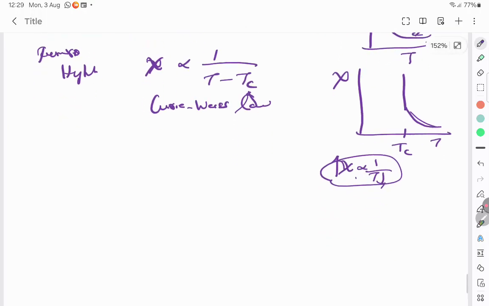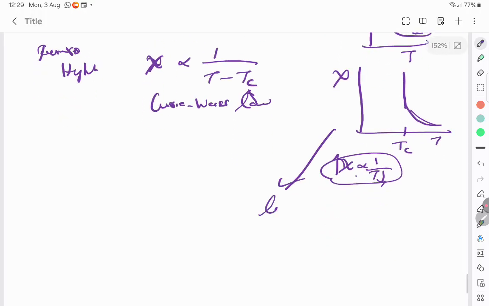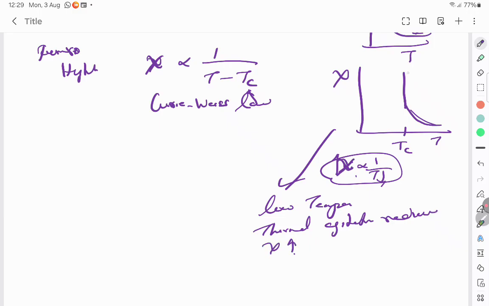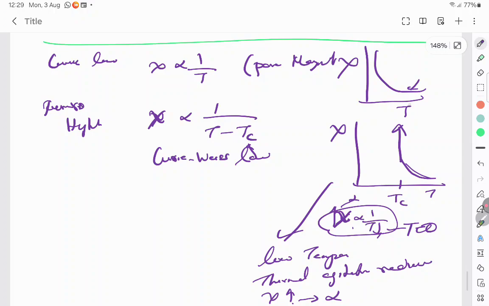Lower the temperature, what is happening in a ferromagnetic substance? When you lower the temperature, the thermal agitation gets reduced, because of which the susceptibility increases, all the way to infinity. This is Tc and this is T. When the temperature approaches Tc itself, it goes to infinity.